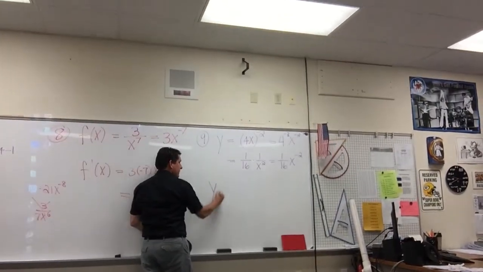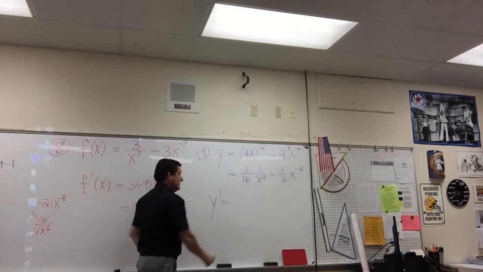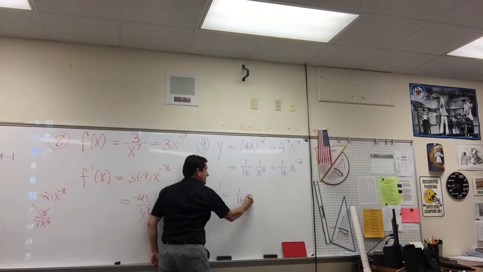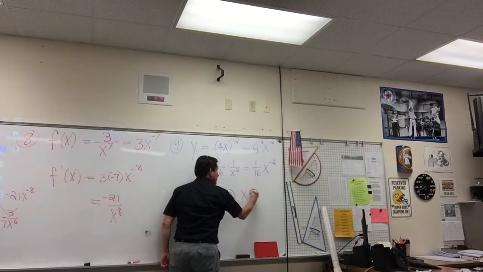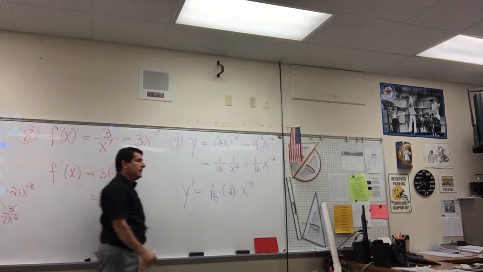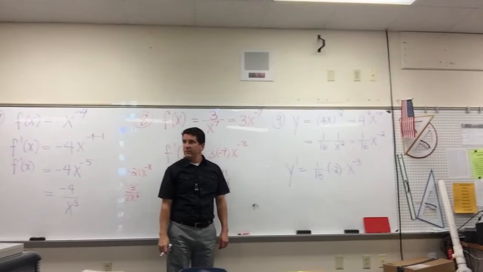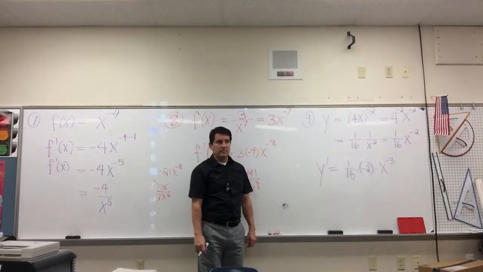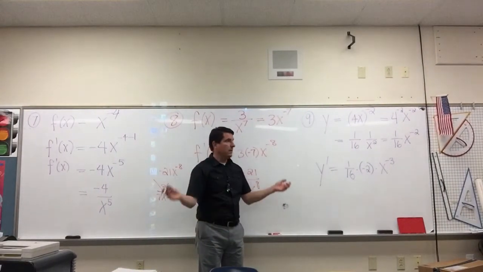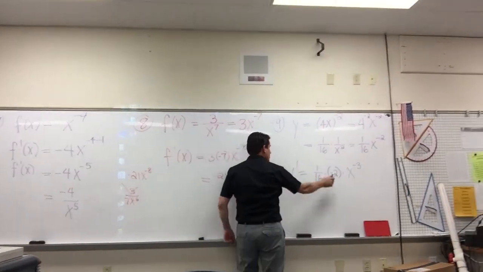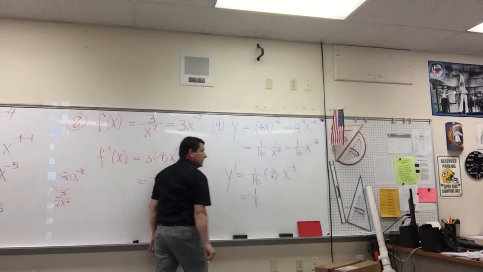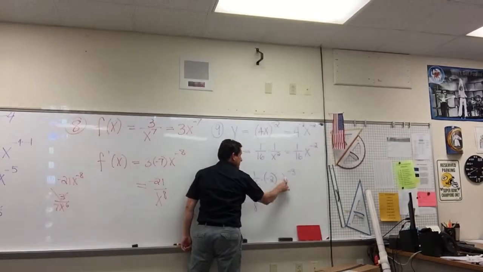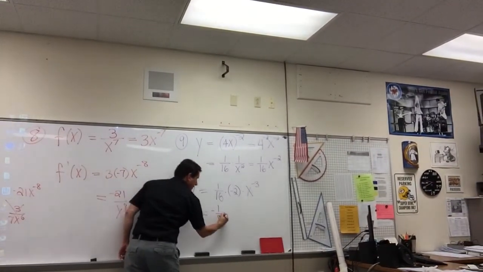So the derivative is y prime is equal to 1/16 times negative 2 times x to the negative 2 minus 1, which is negative 3. And then we clean it up. Negative 2 over 16 is negative 1 over 8. And technically this is x to the negative 3, so it's 1 over x cubed.